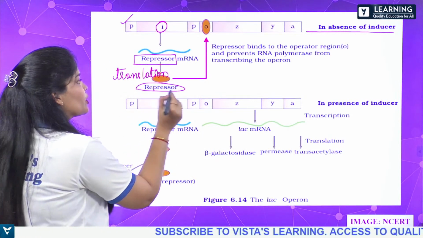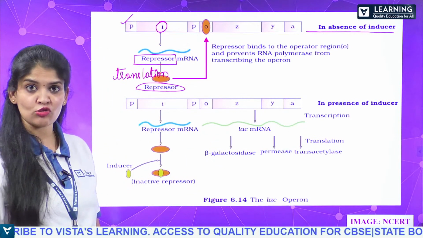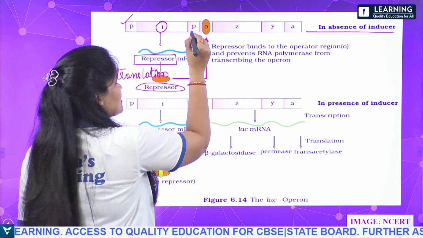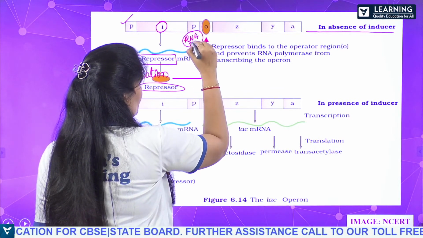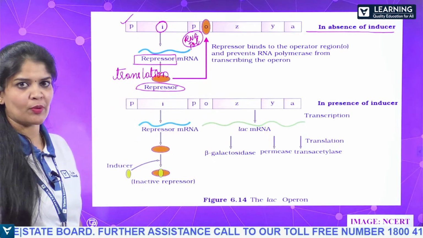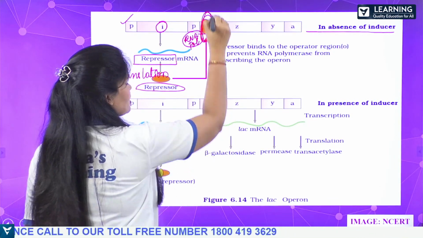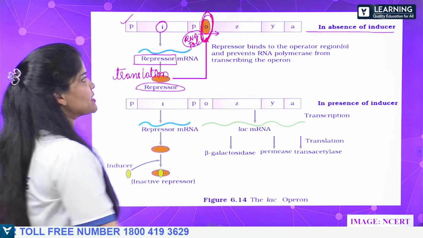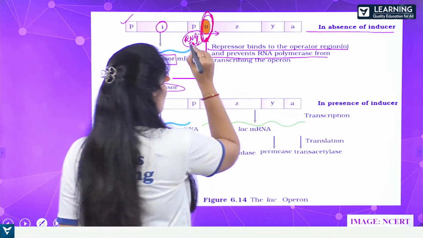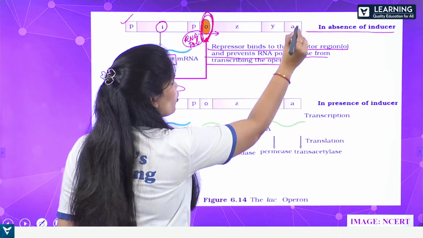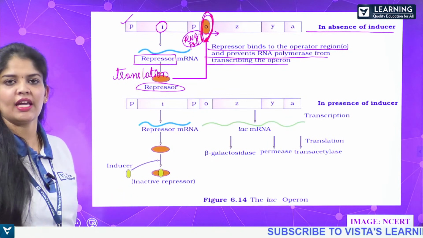Then the produced repressor will bind to the operator, which is present next to the promoter. Then there is an obstruction for the RNA polymerase, which binds to the promoter. The repressor binds to the operator region and prevents the RNA polymerase from transcribing the operon. As there is no transcription, there is no translation and no production of the enzymes.